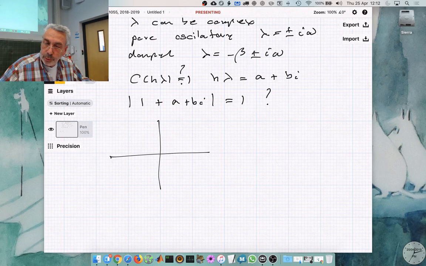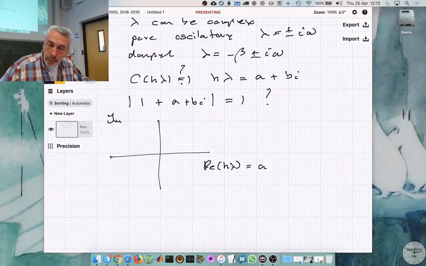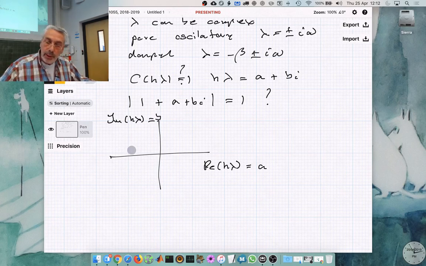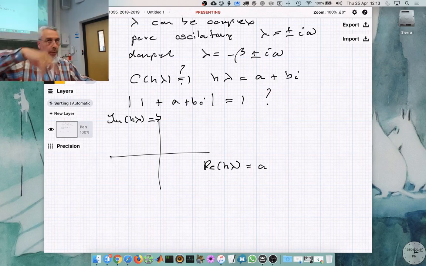Here we have the real part of h lambda, that's this a in our case, and here the imaginary part of h lambda, that's our b. And in this complex plane, we want to know where this border is. Now, in this case, it's super simple, because if we take the norm of a complex number, that's like a circle, right?